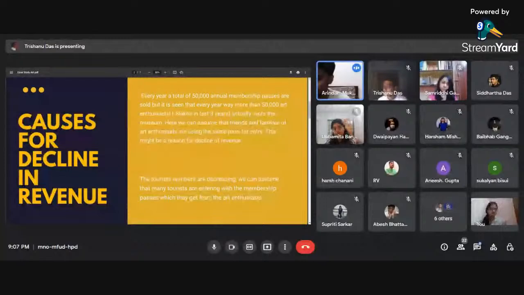After doing qualitative analysis, we have come to a solution that the card that the membership is providing is some way that we can track the place.